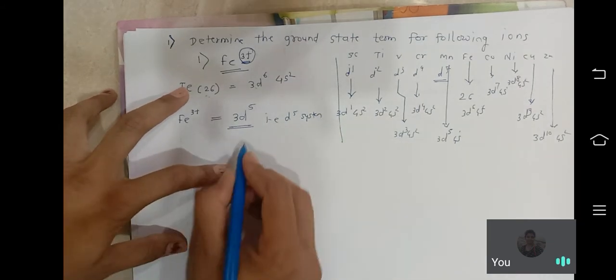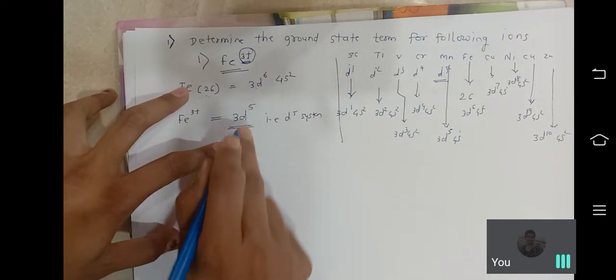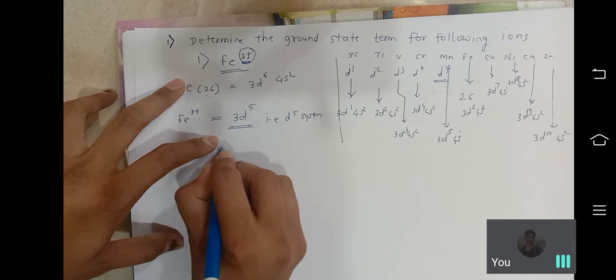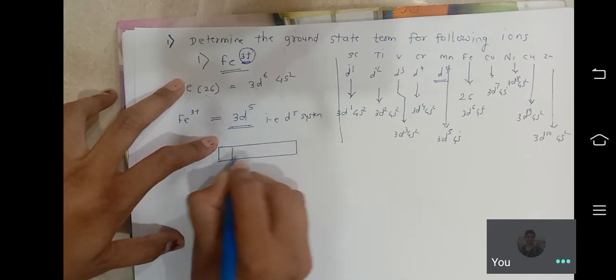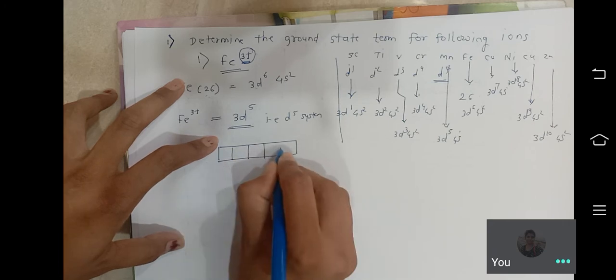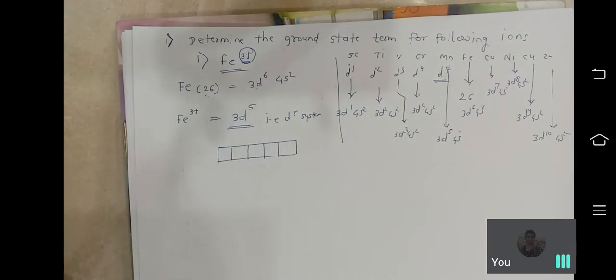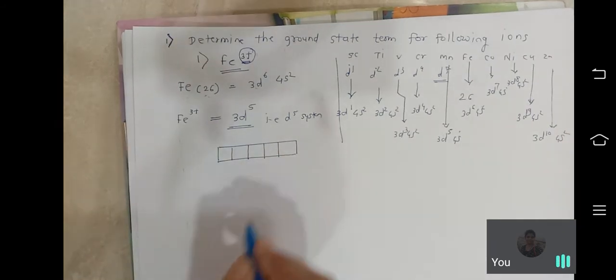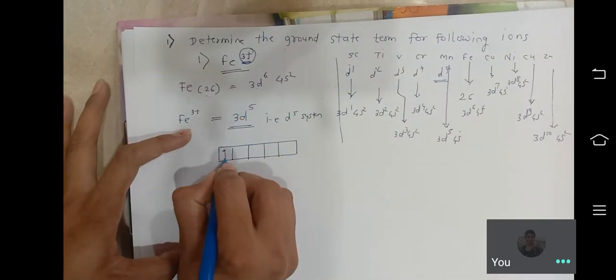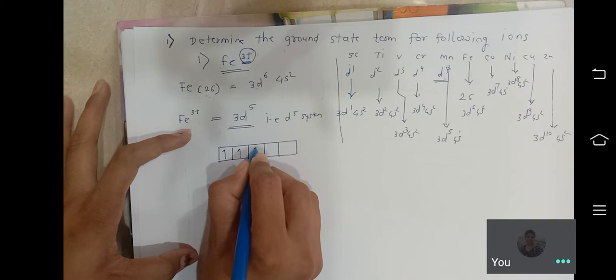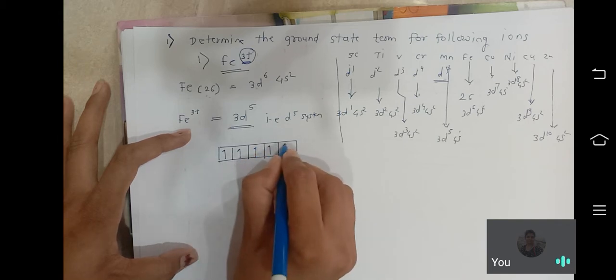Okay, then d means what? How many orbitals are present? 5. Okay, you have to write the d orbitals, 1, 2, 3, 4 and 5. So when you write the d orbitals, how many electrons are present? 5. 1, 2, 3, 4 and 5.